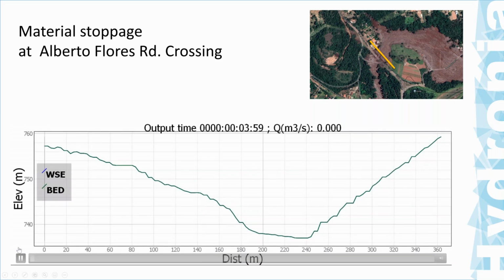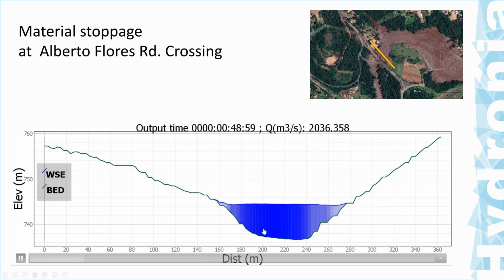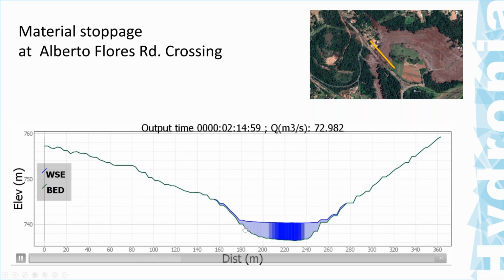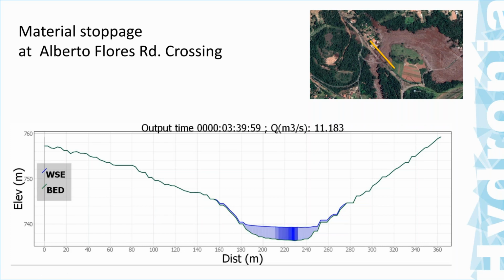But as time moves, the tailings arrive, and the colors indicate the velocity. Red is high velocity. This is very low velocity, the light colors here. But what you see here is that the fluid essentially stops eventually.